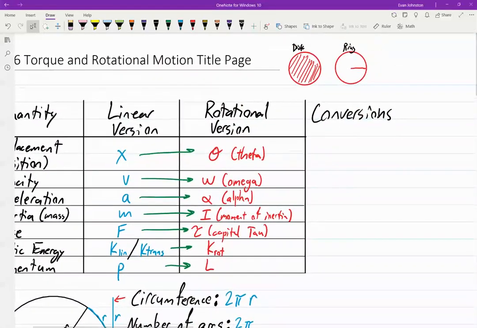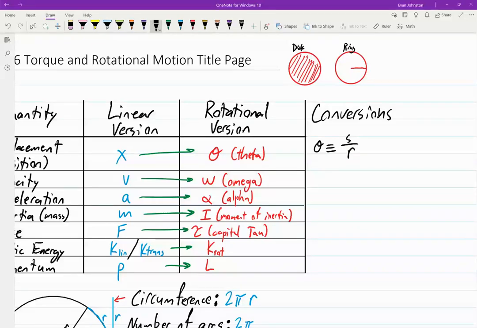And I want to give you some conversions that will help compare these values. For all of these angular things, we're going to have to use radians, so you're going to have to make sure you're not using the degree setting on your calculator. You have to make sure it's actually in radians.